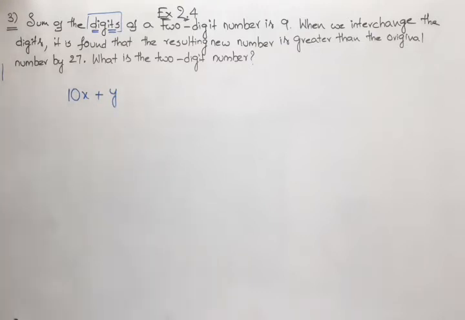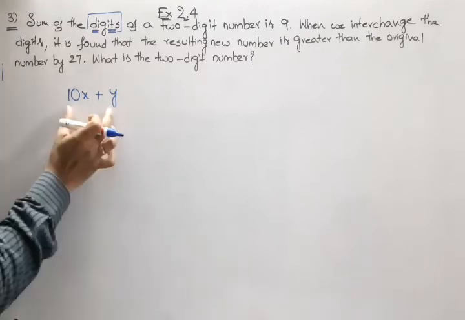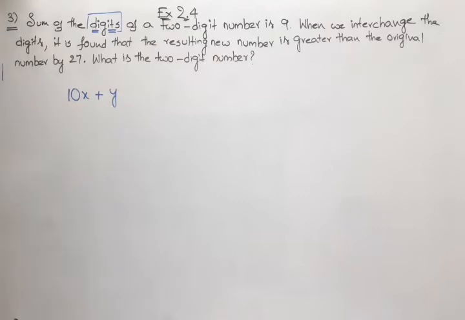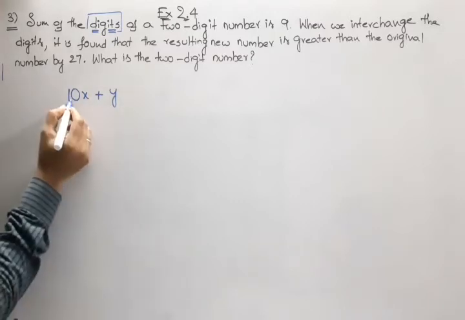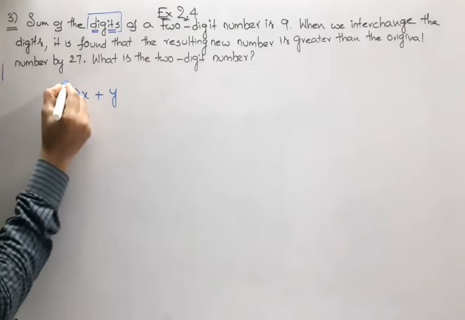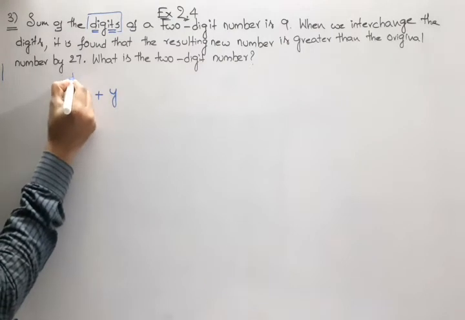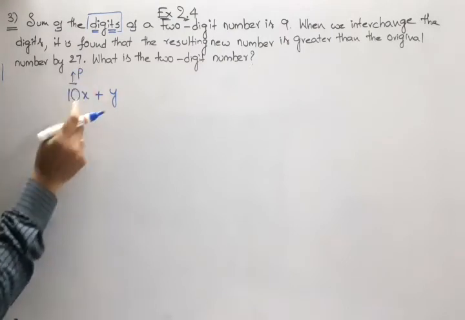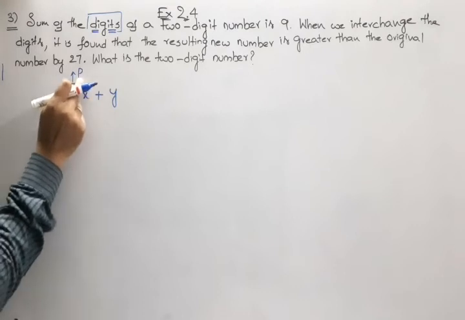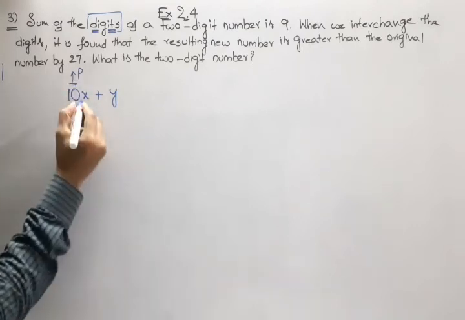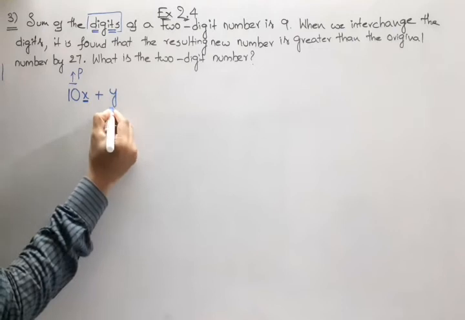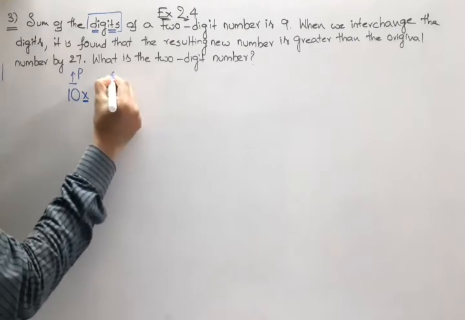Now look, in this 10x plus y, this 10 is the place value. As I told, this 10 is not a number. It indicates place value, whereas x is a digit and y is a digit in the ones place.